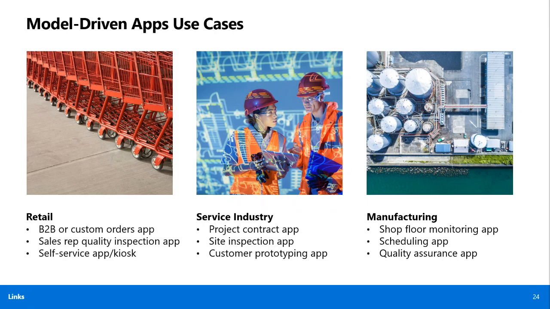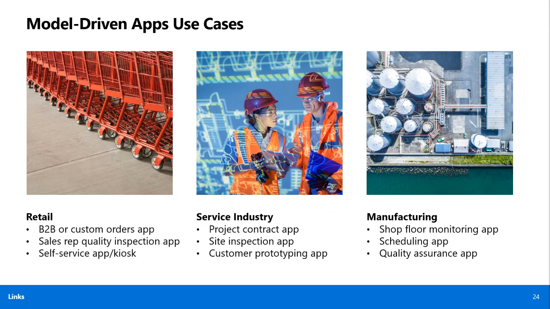And then the last industry that I focused on and came up with a few examples for was manufacturing. One example here is a shop floor monitoring app. You could plug in your IoT devices and keep track of what's going on on your shop floor. You could use a scheduling app.